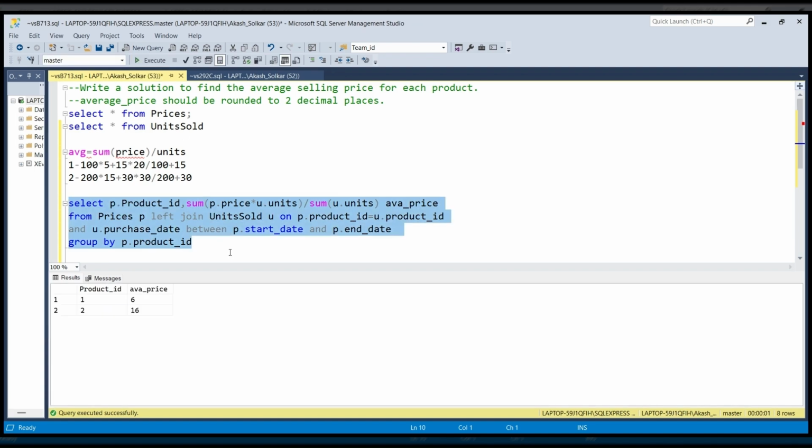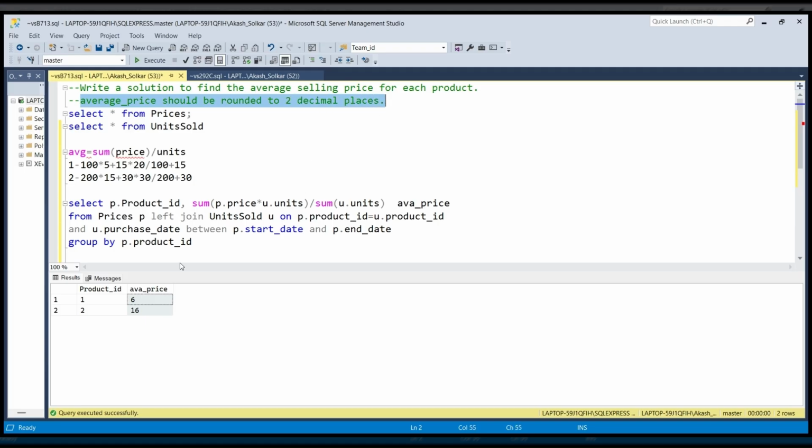You can see we are getting product id 1 and 2. We have done the grouping, and we are finding the average using sum divided by sum of units as average price. But if you see the question's second line, the average price should be rounded to two decimal places.